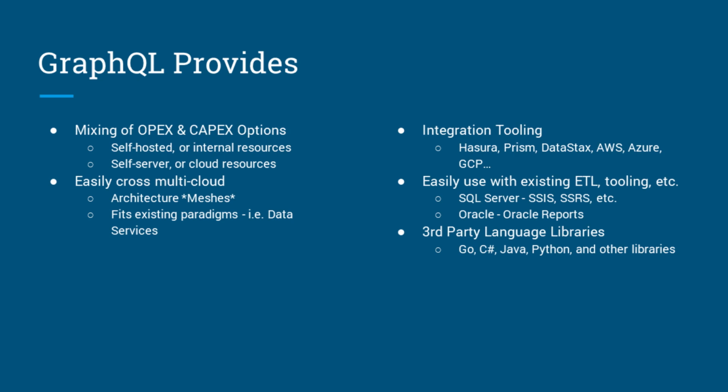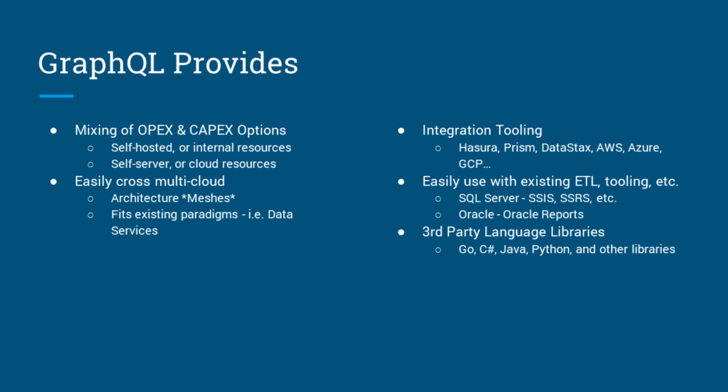With GraphQL, because you can stitch together your GraphQL endpoints and connect GraphQL to whatever database, data repository, or data service, you can mix and match your OPEX and your CAPEX, because you're not tied to one singular database or data service.